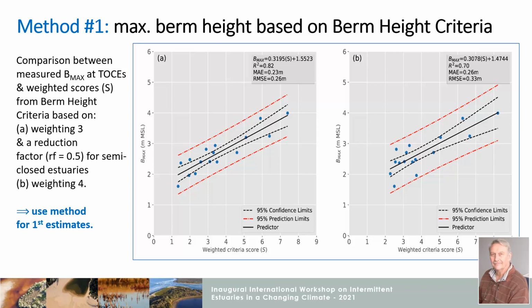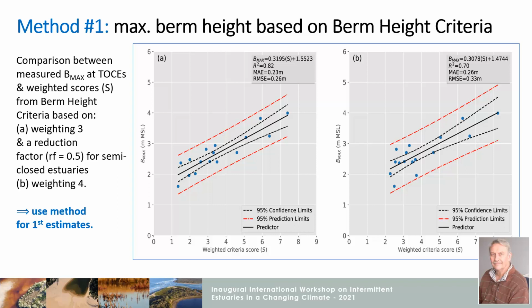So the first method then was quite simple to apply further. We developed a scoring system for the different parameters and also a weighting system, and in conjunction with the weighted scores, the scores being related to how well the parameter for a specific estuary correlated to the maximum berm crest elevation. And in using these different weighting systems, 4 different weighting systems, we tested these to see how well they could predict the maximum berm crest elevation.